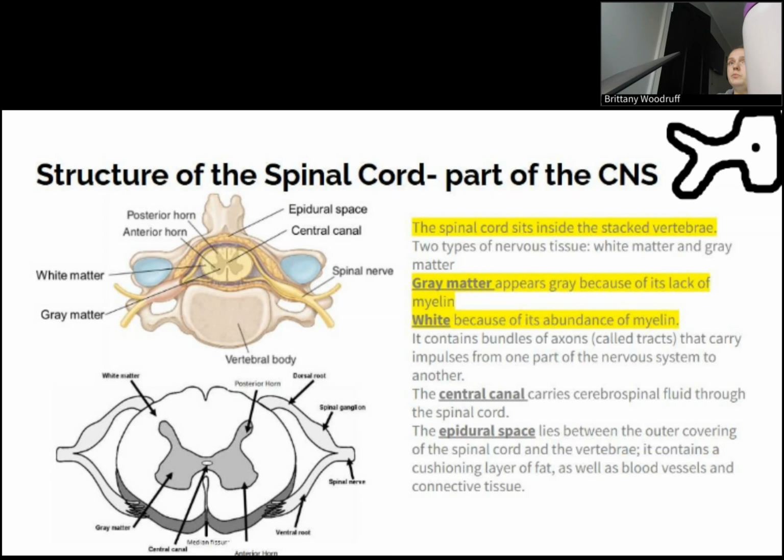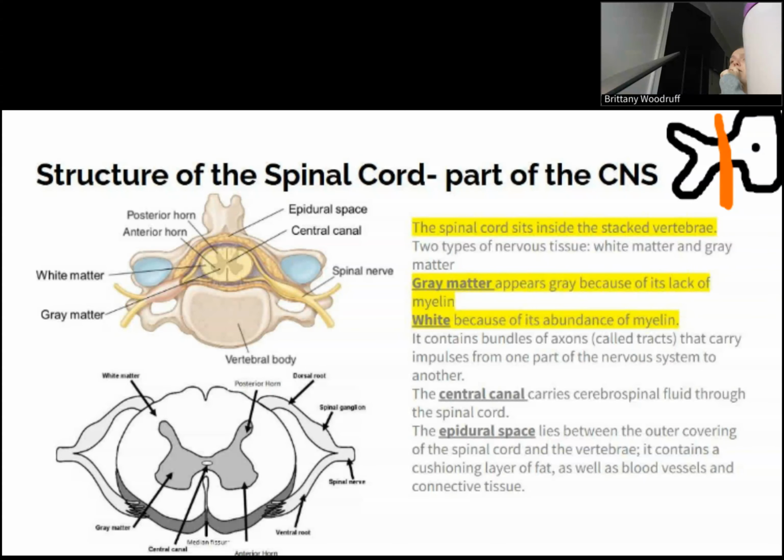Your spinal cord is going to run through the part back here where the holes are, through those vertebral foramen that we talked about. So the spinal cord is going to sit inside of those stacked vertebrae.